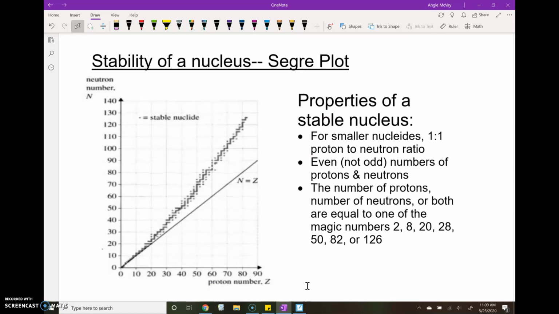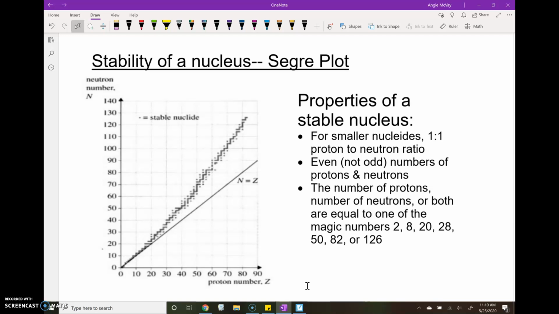All right, so how can we predict which particles are most likely to undergo some sort of nuclear decay? Well, it really depends on what their nucleus is made up of, and their location on this graph.